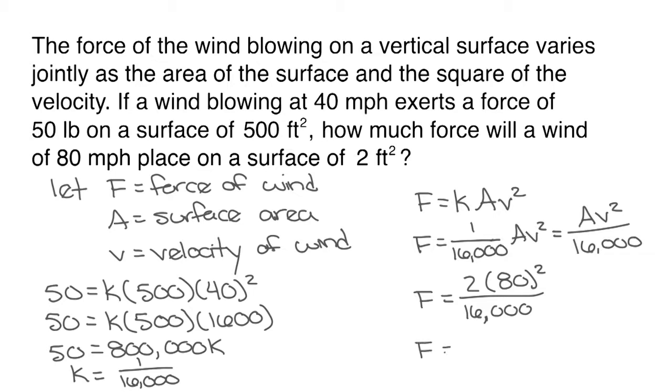So we have F is equal to 12,800 divided by 16,000, which is equal to 0.8. And thus, a wind with a velocity of 80 miles per hour blowing on a surface that is 2 square feet will exert a force of 0.8 pounds.